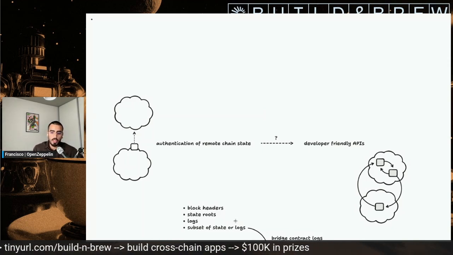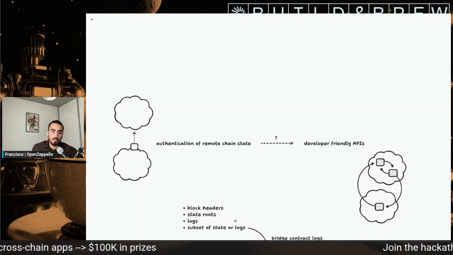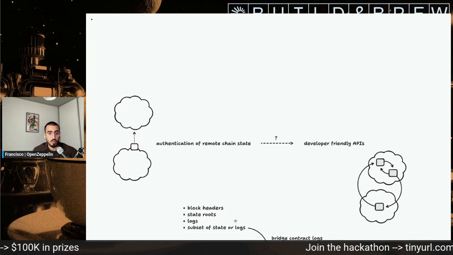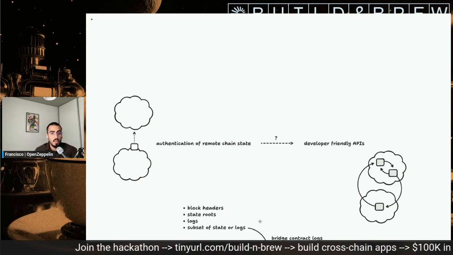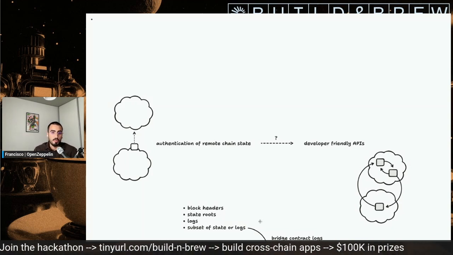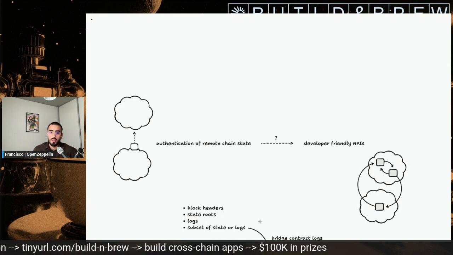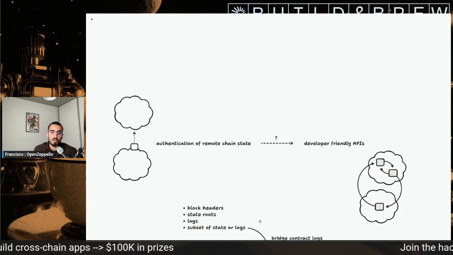So in the case of paying for an NFT, you're going to have a contract that processes the payment on chain A, and then talks to this bridge to say, hey, the payment happened, and it was for the correct amount, and this is the ID of the NFT that is being minted, and the order ID, and so on.